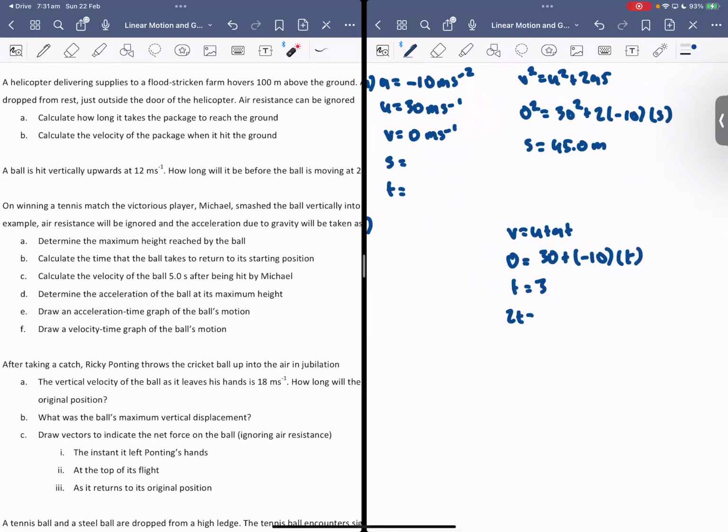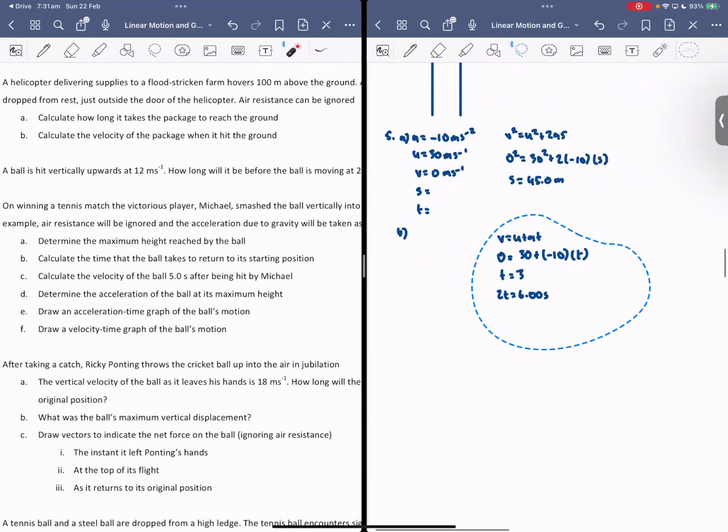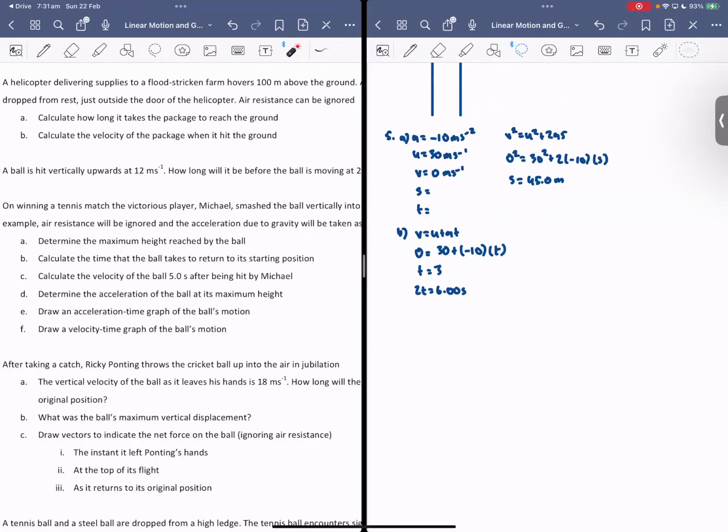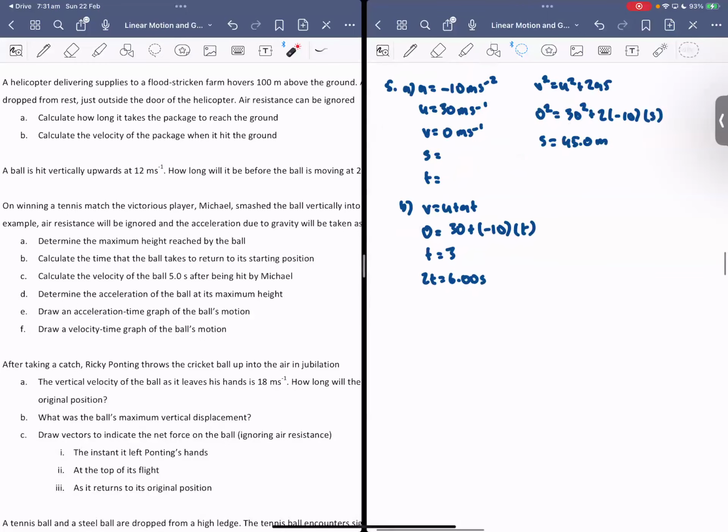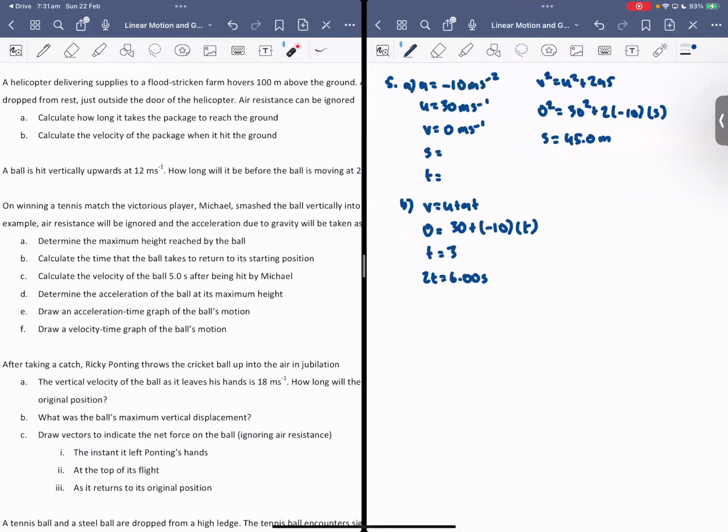But you have to write 6.00 to get the marks. It took 3 seconds to come up and 3 seconds to come back down, so 6 seconds total.